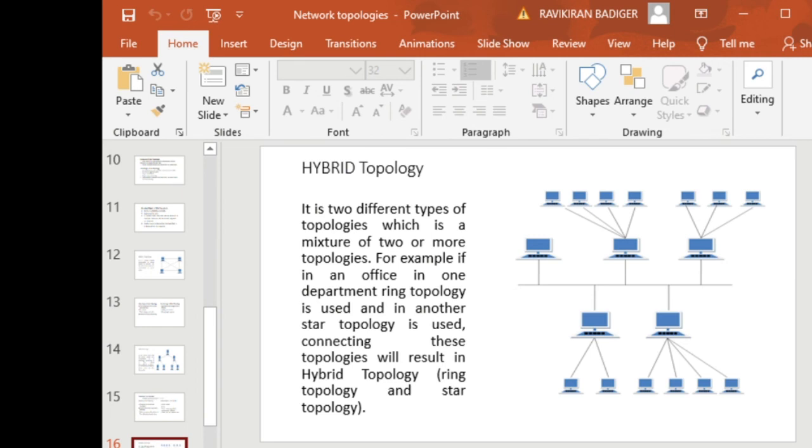And the next is hybrid topology. As the name itself indicates, hybrid topology is a combination of 2 or more different network topologies.